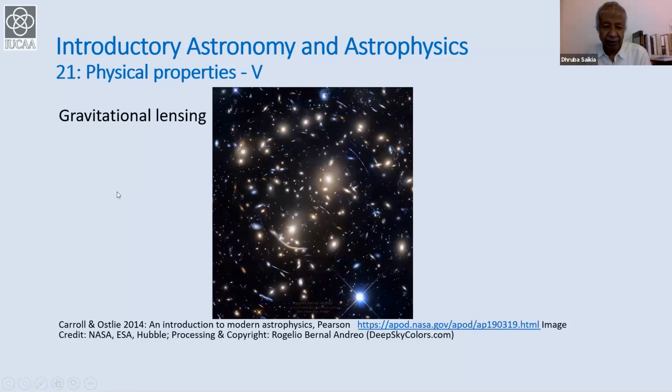So in terms of estimation of masses, I will just leave you with this stunning image of Abell 370, which has gravitationally lensed a lot of these background galaxies, which you can see as these beautiful arcs over here. These are examples of what is called strong lensing.